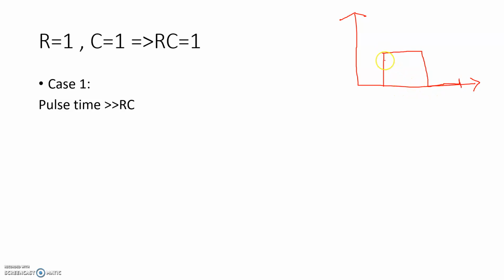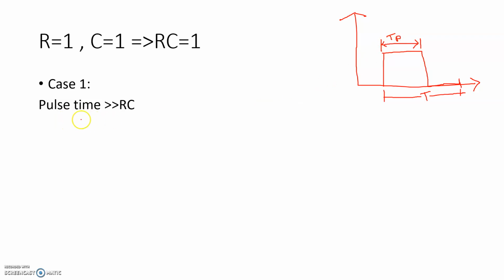The particular time for which it is taking 5 volt or 1 volt is equal to the time for which it is taking 0 volt. So this whole time is called the time period of the pulse, and the particular time for which the pulse is taking high amplitude or high voltage is called TP or pulse time.